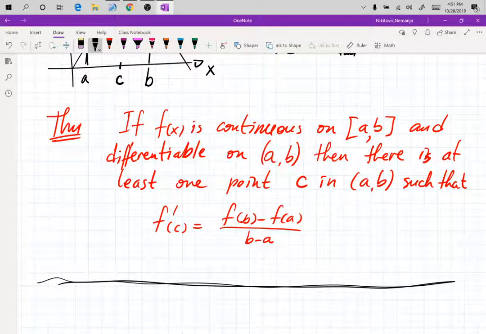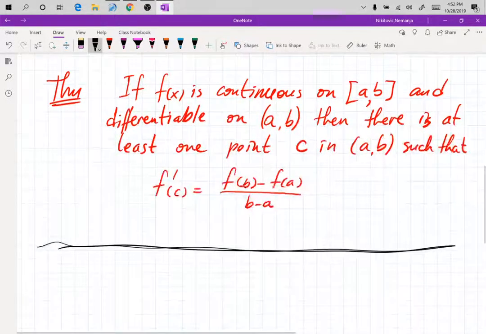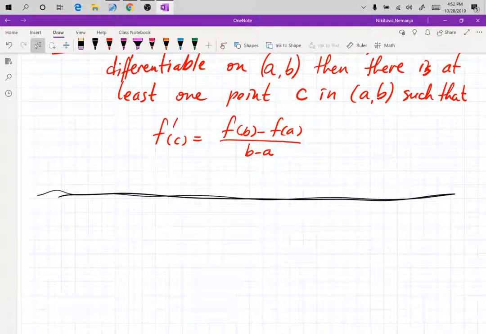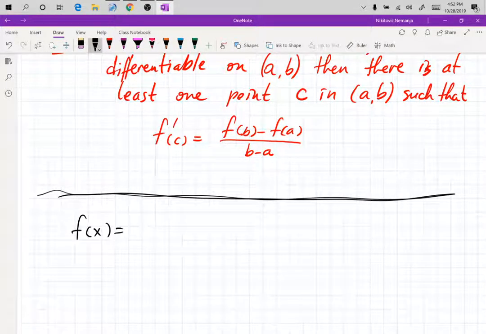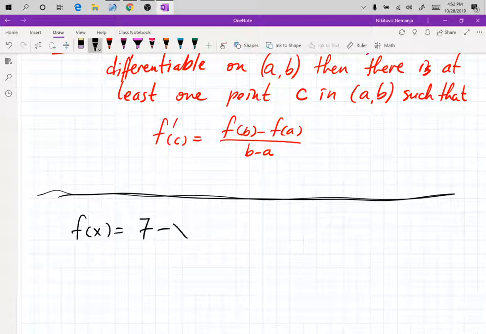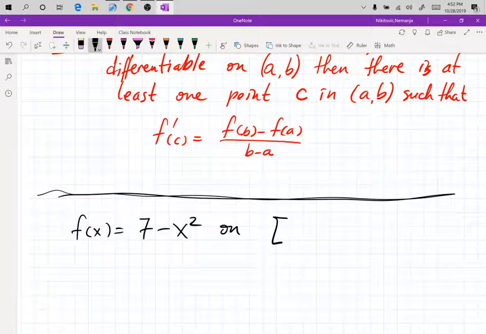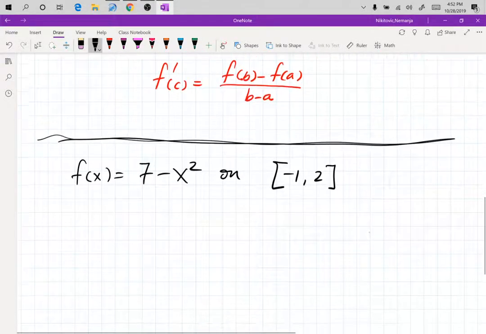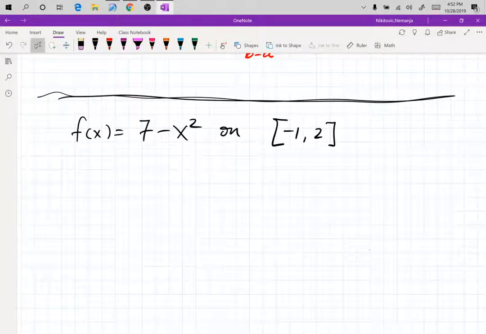And that one could be, well, let's do the basic one, like f of x equals 7 minus x squared on the interval -1 to 2. All right, so the first thing is we have to check the conditions.